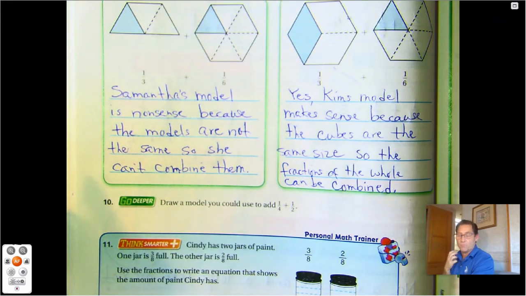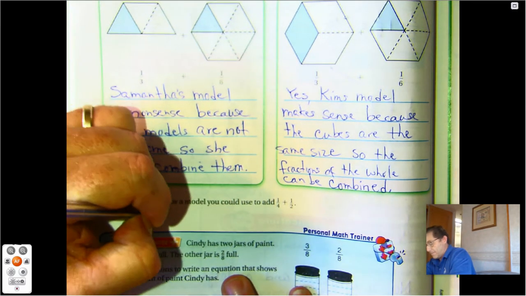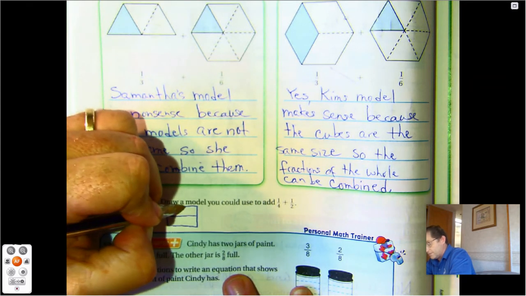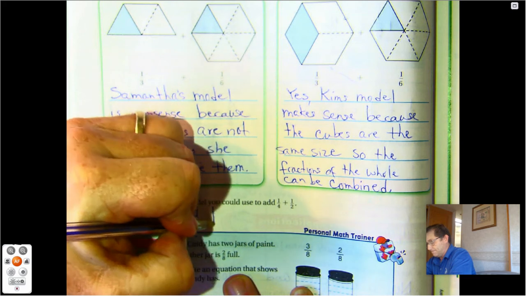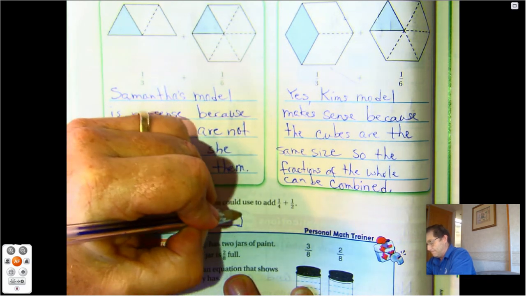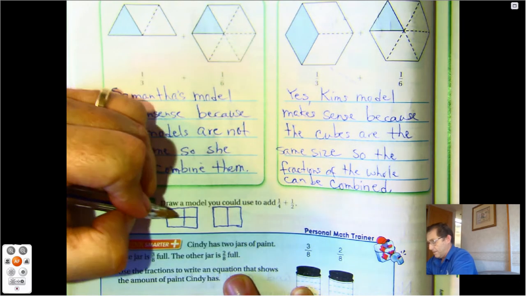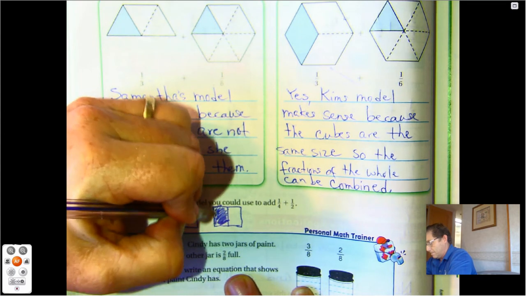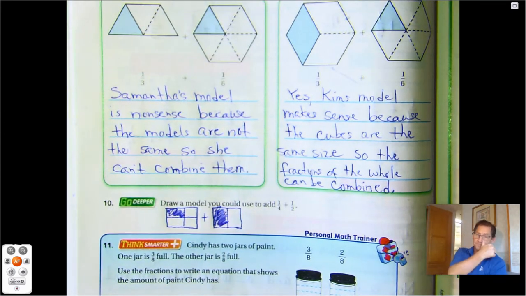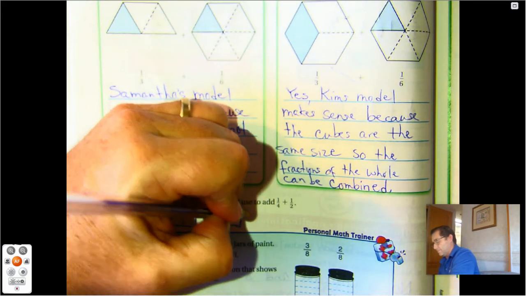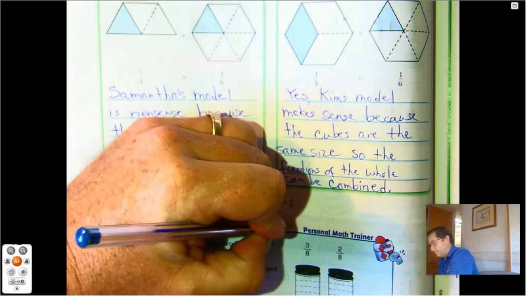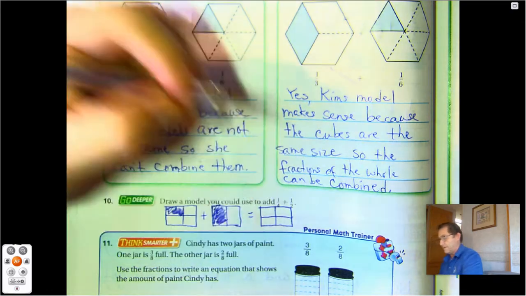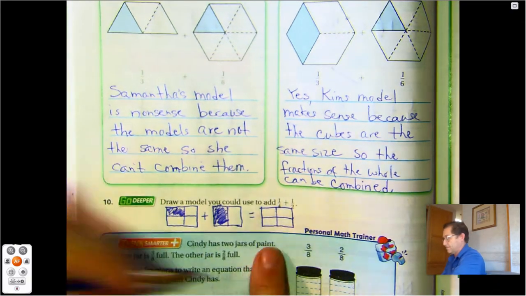Okay, so the key here is the pieces have to be the same. The wholes have to be the same. So we have 1/4 plus 1/2, which would equal... the half is worth 2 pieces, right? 2/4 plus the 1/4.